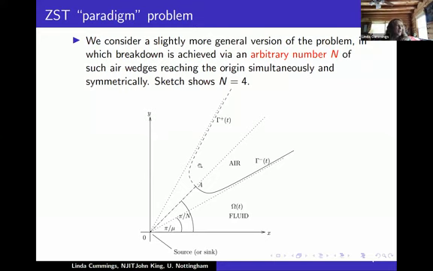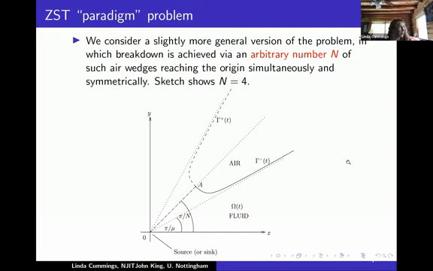Here is a sketch showing the setup when 4 such wedges would reach the origin simultaneously. We've got air here, fluid here. There'd be basically 4-fold symmetry about the origin. And the question is, what happens to this free boundary over time? Can we construct this family of solutions?